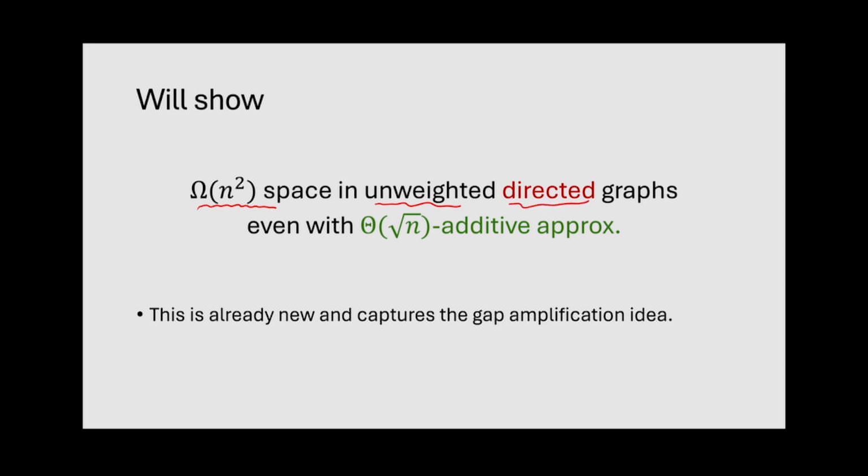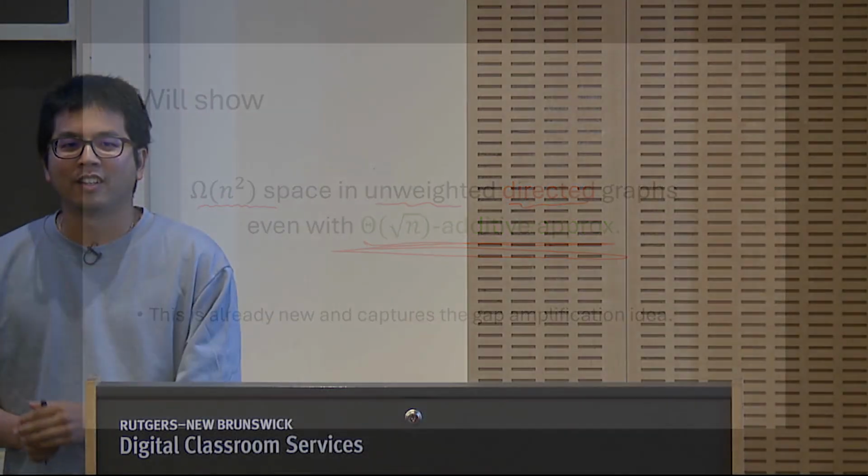Importantly, the additive gap is still there. So this is already non-trivial, and it captures the gap amplification idea. To make it work for undirected vertex cuts, you just need some more ideas about graphs, but not about gap amplification.